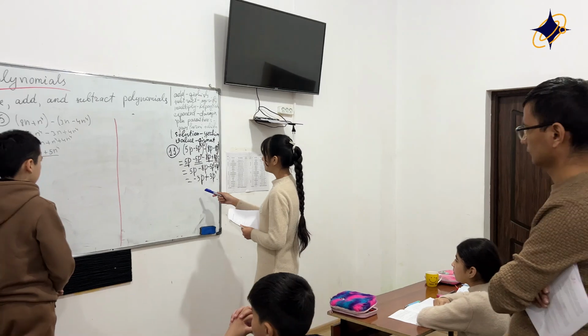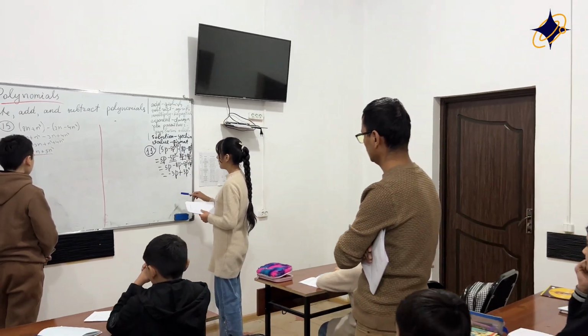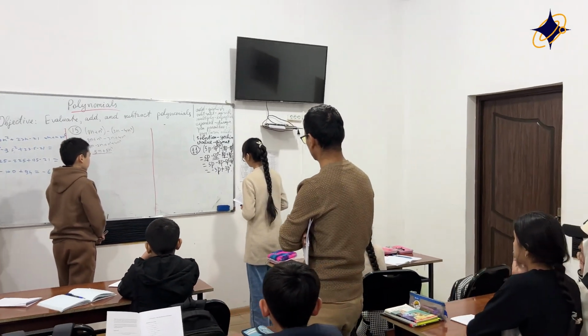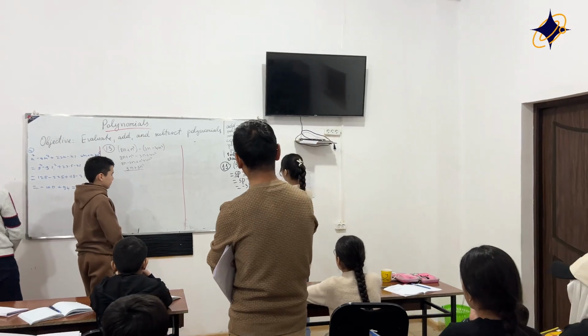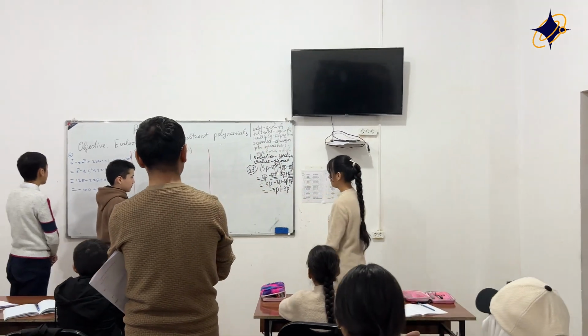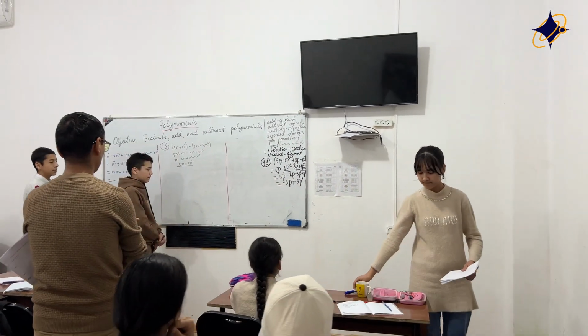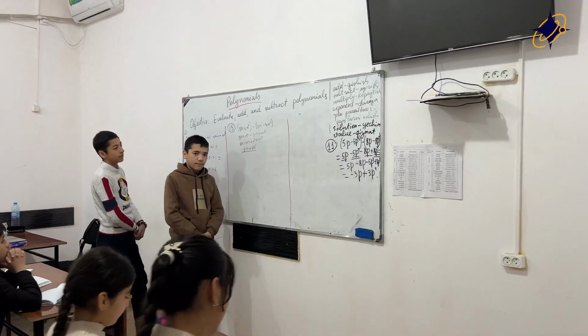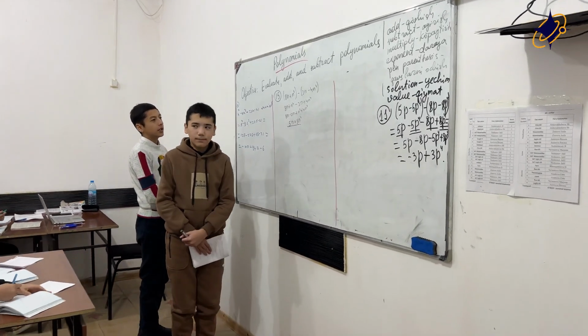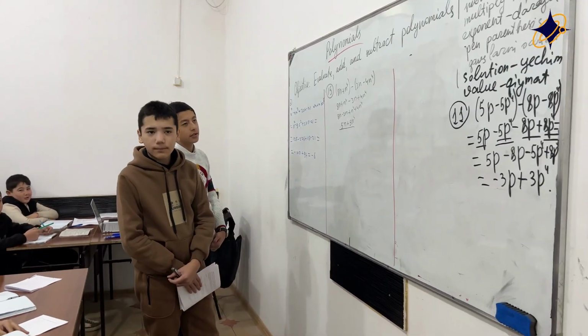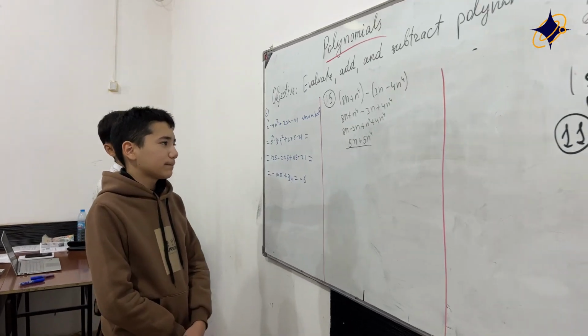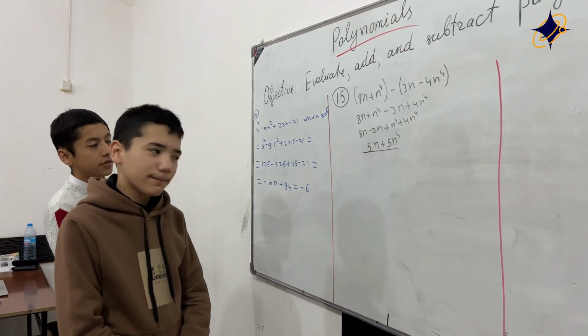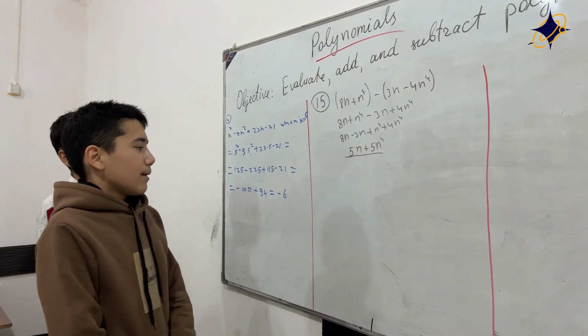And solution: minus 3b plus 3b exponent of 4. Okay, thank you. And sit down. Write it down, guys. Have you finished? Yes. Okay, explain.